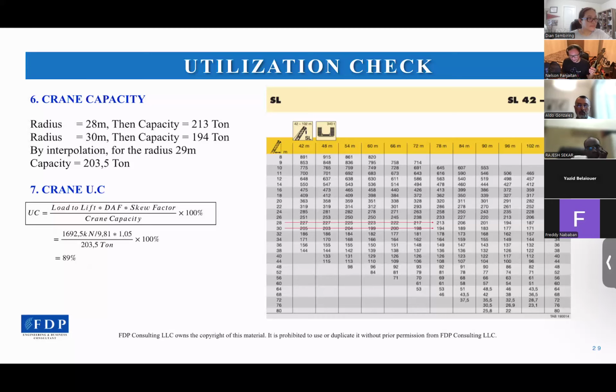If we put in the 29 meters radius with the same configuration as we calculated here, it will show the interpolated capacity. So again, you need to read your manual book before you start the lifting plan. Correct. I agree with you. Okay, thank you.